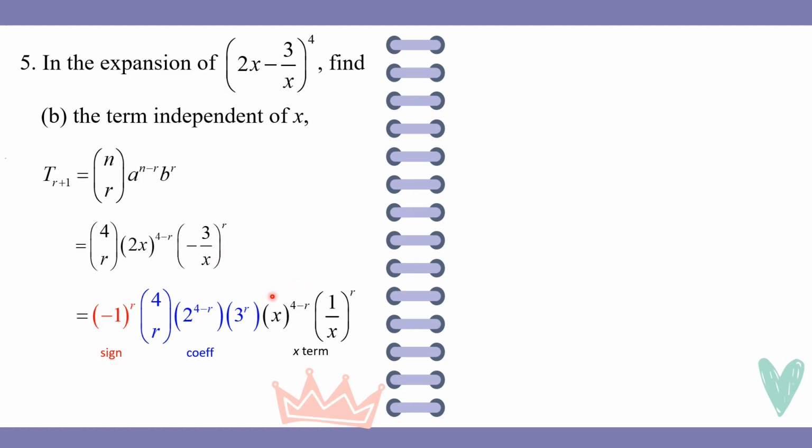We will simplify the x term here further using the law of indices. So this will give us x power 4 minus 2r, because when you have the power at the denominator, you will minus the power when given the same base.